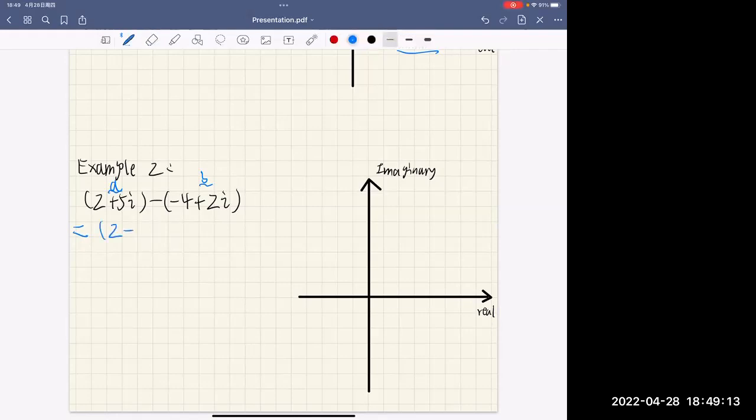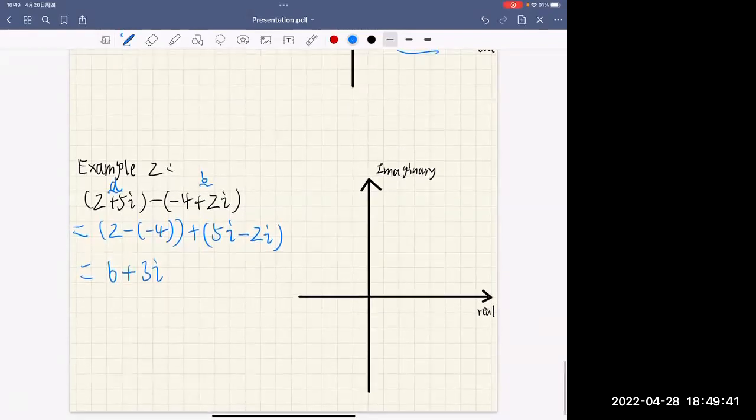So 2 minus 4. And then we subtract their imaginary components. So 5i minus 2i. So 2 minus negative 4 is 6. And 5i minus 2i is 3i.